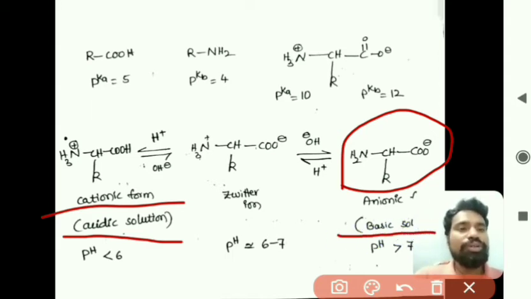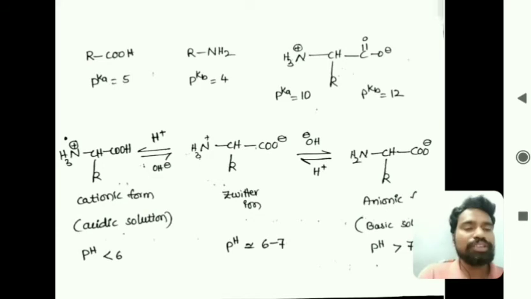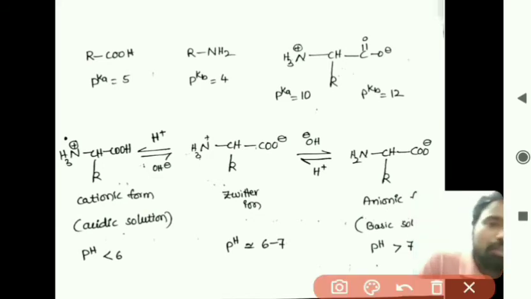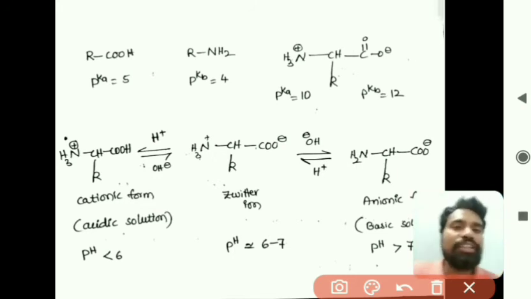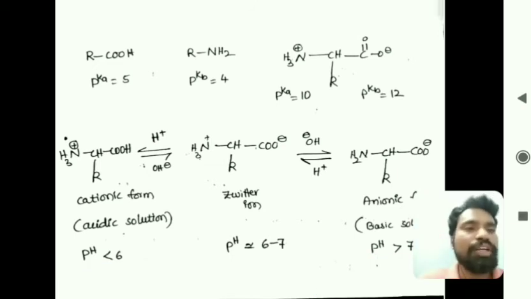In the basic solution the zwitterion is in the anionic form, right? So based on the pH values, based on the medium, the zwitterion is like a cation as well as an anion. In acidic solution it exists as a cationic form, in the basic solution it exists as an anionic form, right?